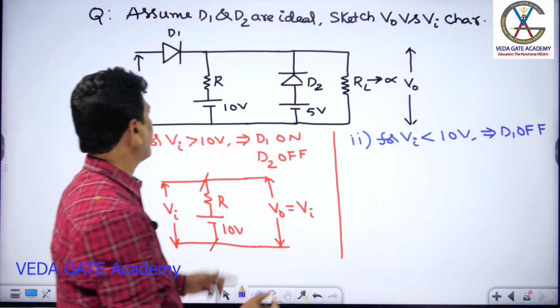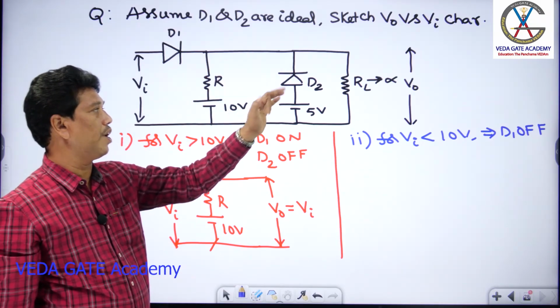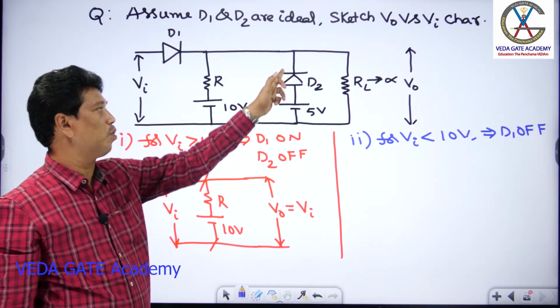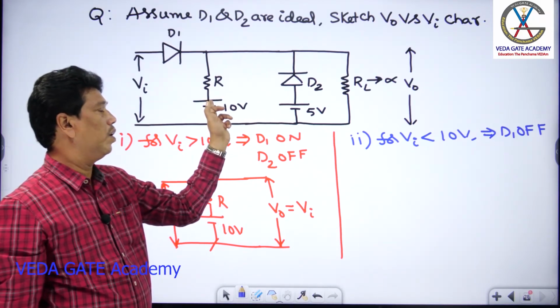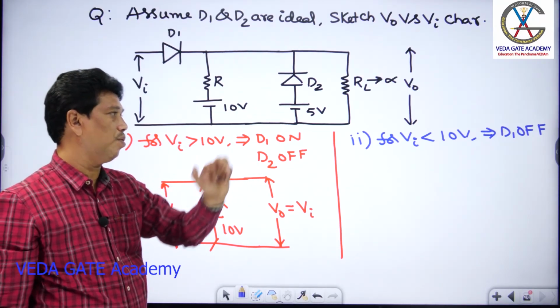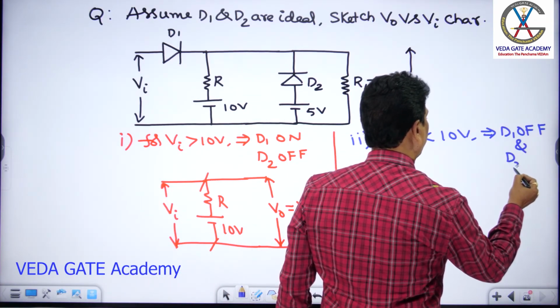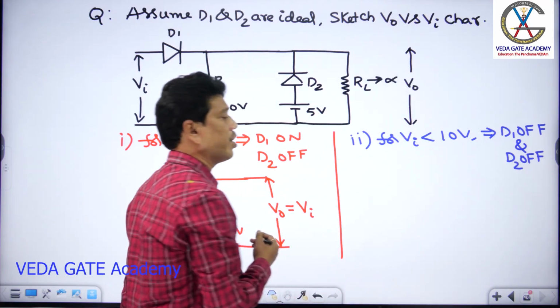Once D1 is off, this 10 volt is given to the cathode of D2, whose anode is at 5 volt. So for D2 again, cathode potential is more positive than anode potential, and D2 is still off. So both D1 and D2 are off for Va less than 10 volt.